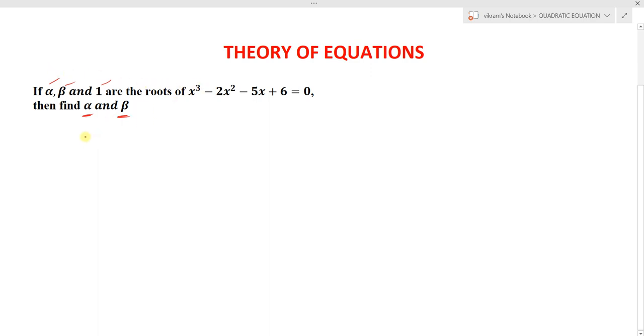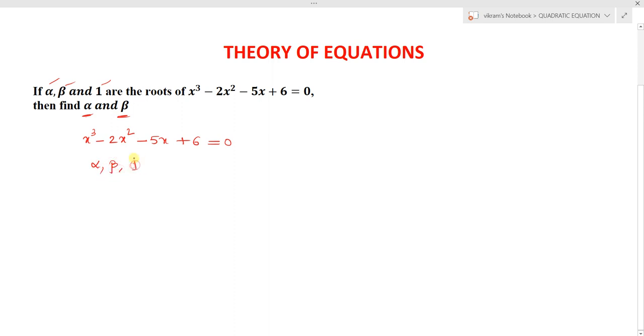So we know x cube minus 2x square minus 5x plus 6 equals 0. Here the leading coefficient is 1, so this equation is called a monic cubic polynomial. Now alpha, beta and 1 are the roots.